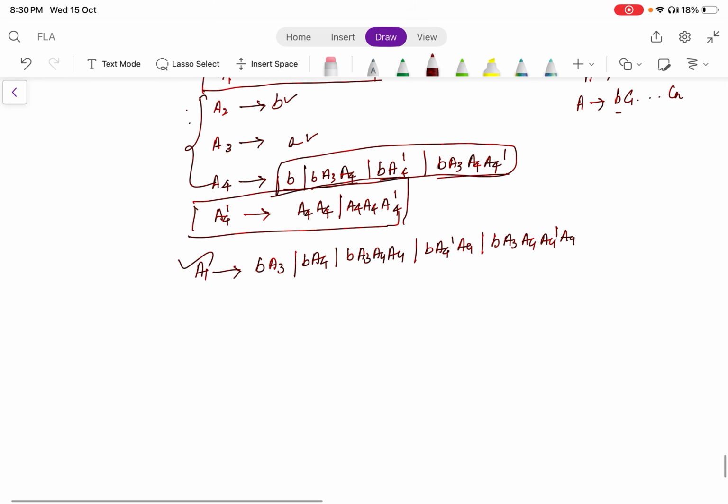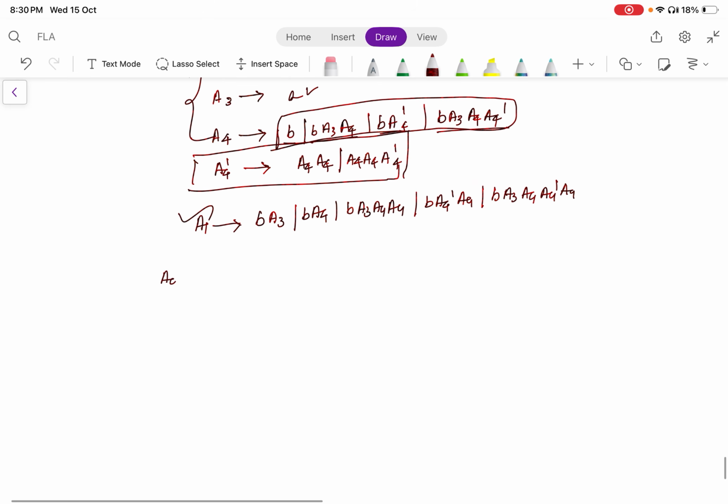Now you move to A4 dash. So what will you do there? You substitute the value of A4 here and the value of A4 here also. So then it will become GNF, right? So B A4, B A3 A4 A4, B A dash 4 A4, B A3 A4 A4 dash A4.